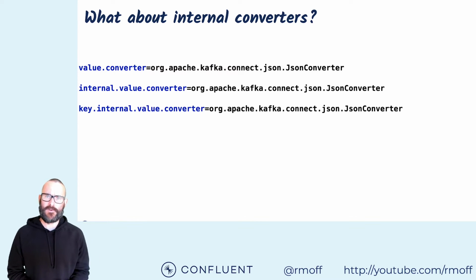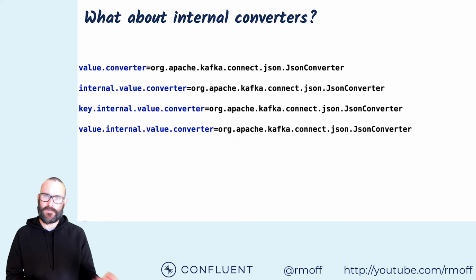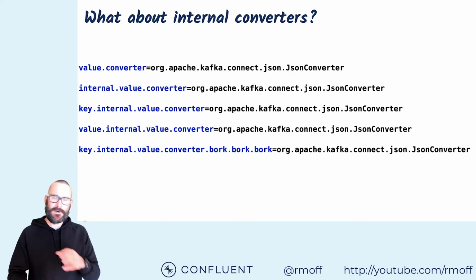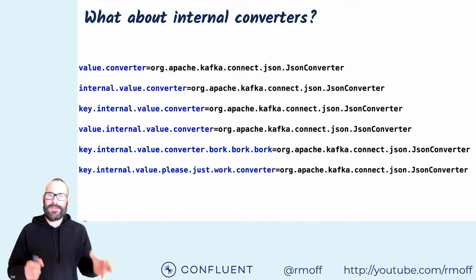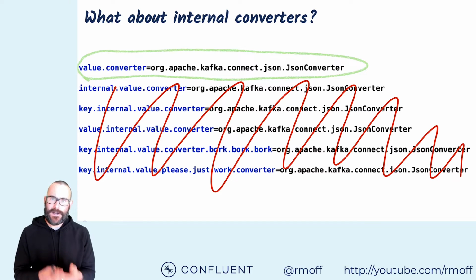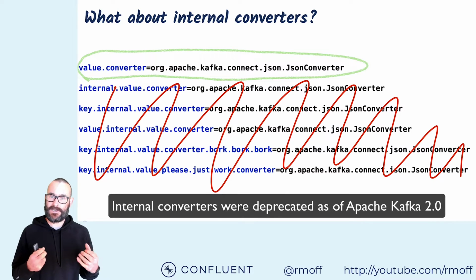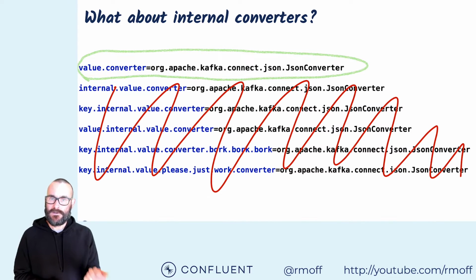I saw this thing on Stack Overflow, or I Googled something, and I found this blog that said I should also have a key internal value converter, and then things still aren't working, so I'm going to add in more and more of these things, and just hope that something will work. Now, since Apache Kafka 2-something, it was quite a while ago now, those internal connector configurations have been deprecated, and you just specify your value converter and your key converter.